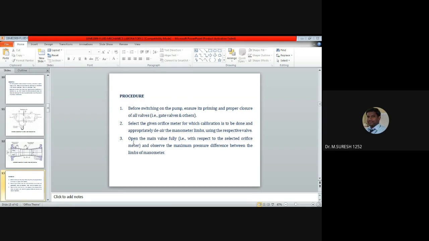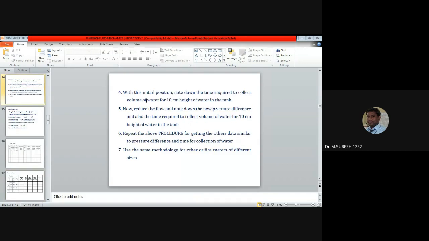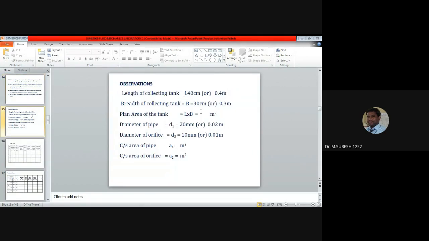Third procedure: open the main valve fully. You have to select which orifice meter and observe the maximum pressure difference in both, and the initial position, and the time required to collect the volume of water for every 10 centimeter height in the water tank. And this is the observation.